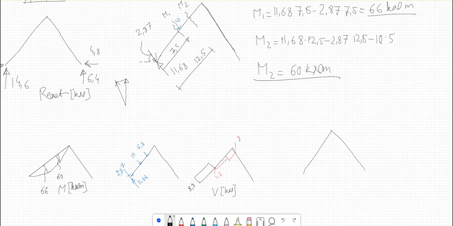So for the axial force, these are also the contribution for the two applied loads.